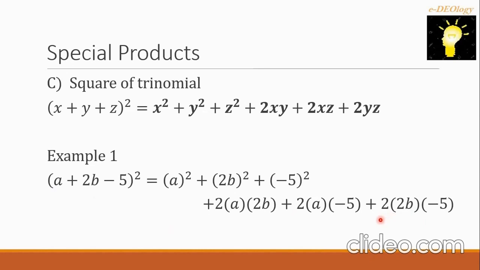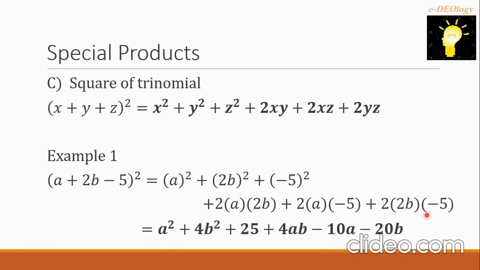Next, I'm going to simplify now the 6 terms. So this term here becomes a square. The 2b square is 4b square. The negative 5 is squared, it becomes positive 25. For the fourth term, this 2 times a times 2b will give 4ab. For the fifth term, we multiply 2 times a times negative 5, we'll get negative 10a.